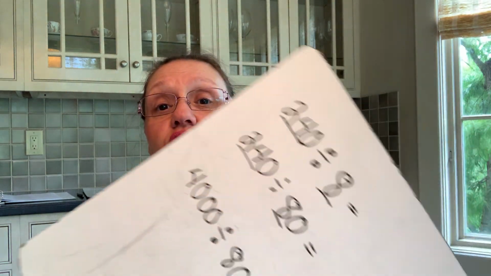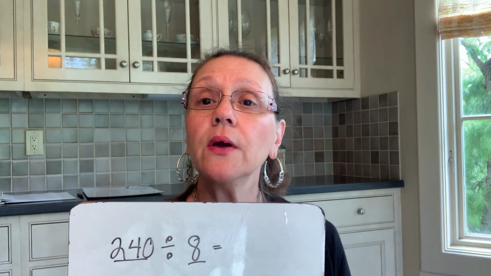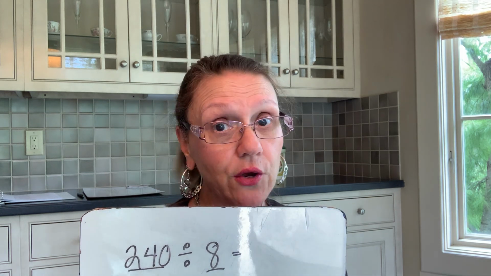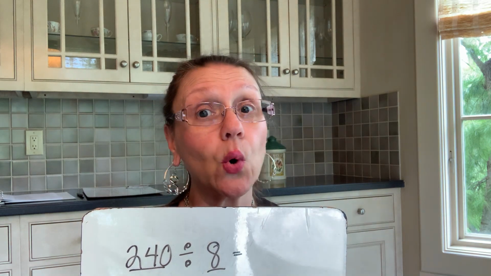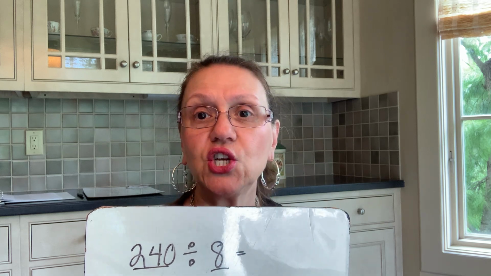So let's say you have a division question, like right here, 240 divided by 8. Before you start drawing your box and putting in your dividend and your divisor and doing long division or partial quotients, stop. Look at your question. Think.